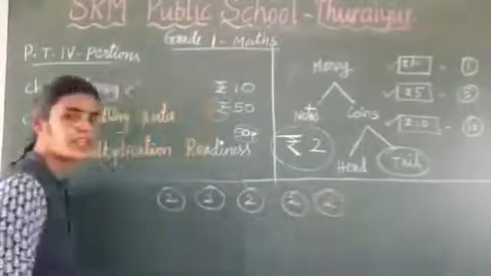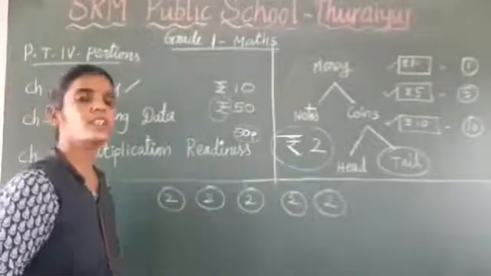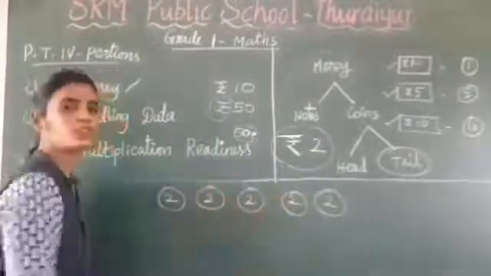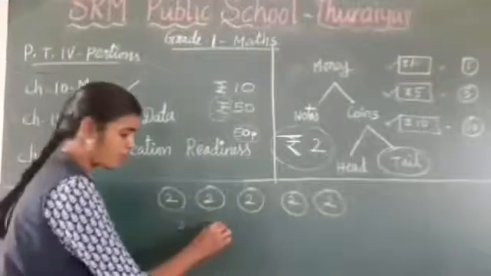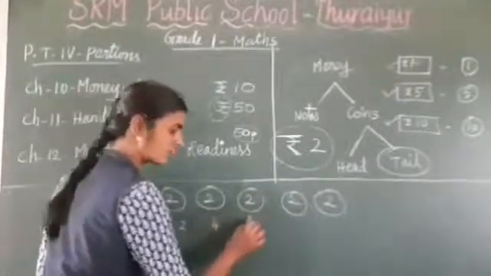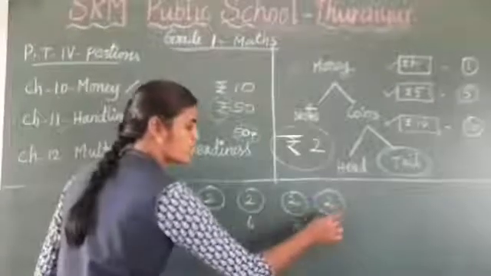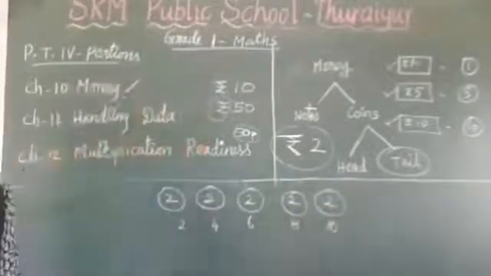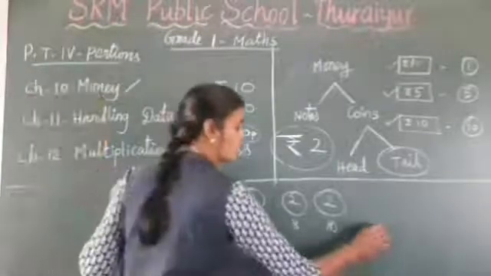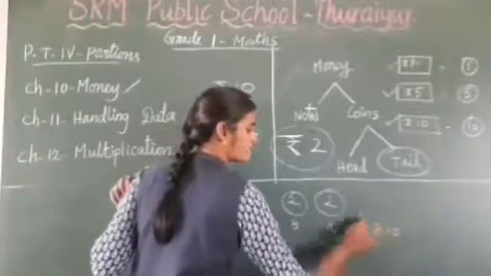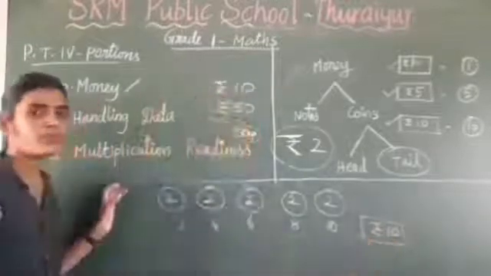If you have in your hand 5 two-rupee coins, what is the total amount? How did you add? 2, 2 plus 2, 4. Next 4 plus 2, 6. 6 plus 2, 8. 8 plus 2, 10. What is the total amount? 10 rupee. So with the same denomination, it is easy for you to find the answer.